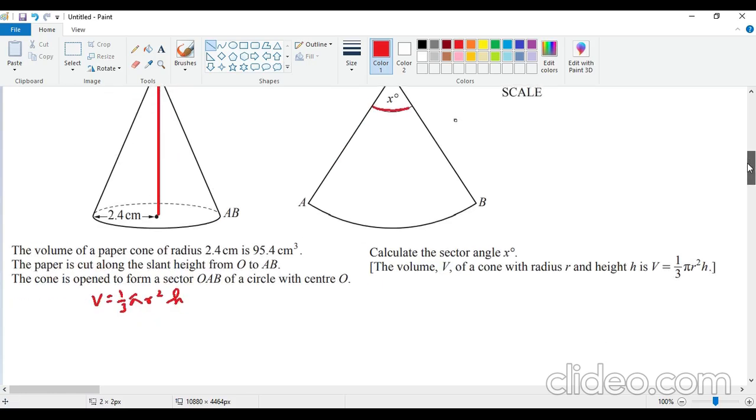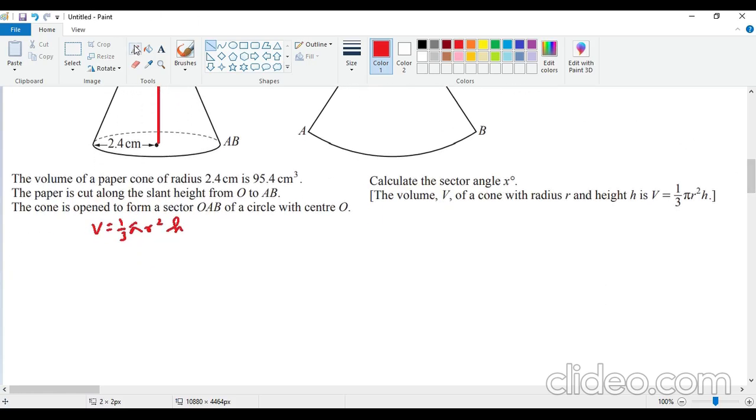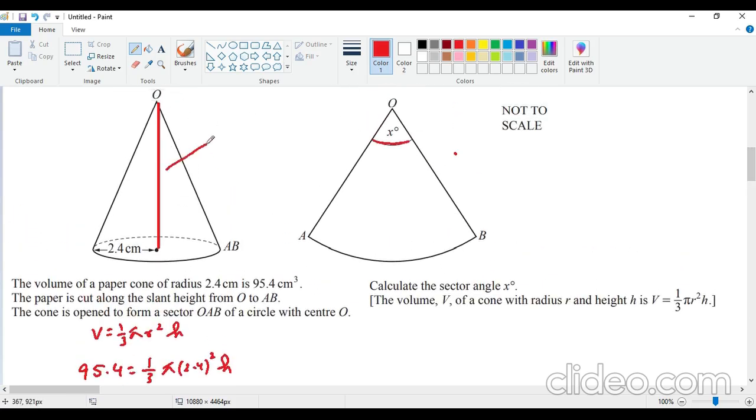After putting the values, volume is already given, so we will write 1 over 3 pi, and radius is 2.4 square and h. Once we do all this calculation in the calculator, height is going to be 15.8. So the height of this cone is 15.8.